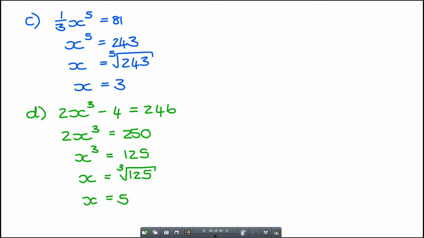Then I want to get rid of the coefficient, so I divide by 2, and that's how I get the 125. Now I want to get rid of that cube, and the opposite of that is cube root, and that means x will be 5. Any questions, people?